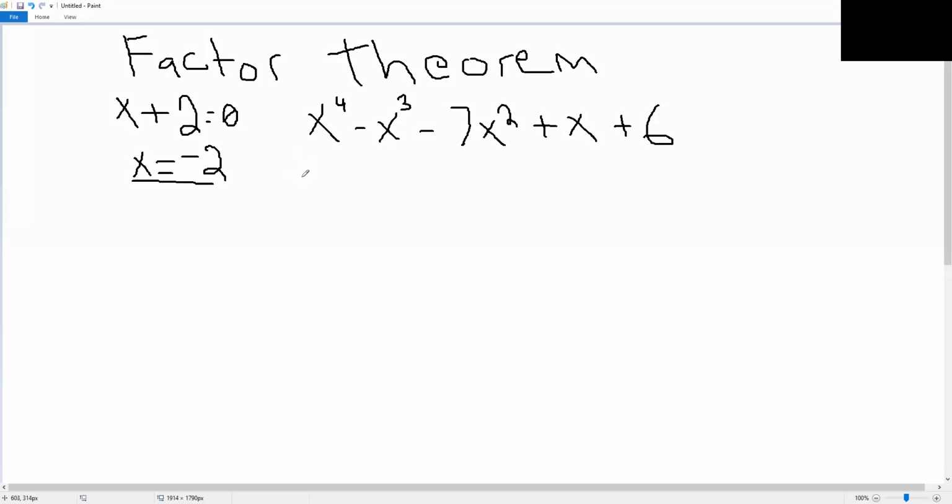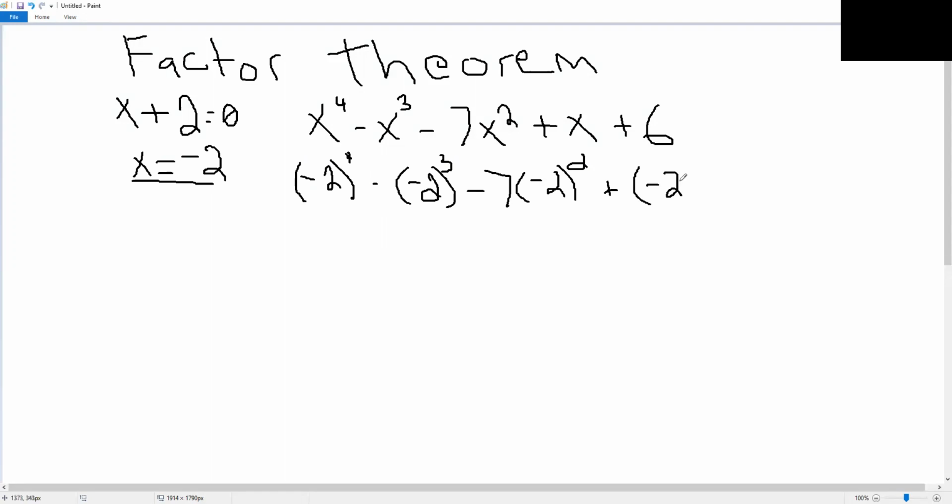So we would have -2 to the power of 4 minus -2 to the power of 3 minus 7 times -2 to the power of 2 plus -2 plus 6.